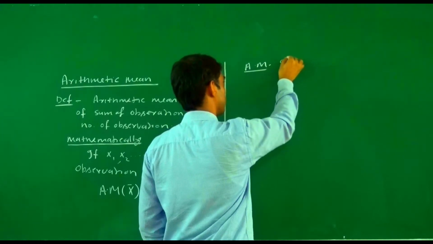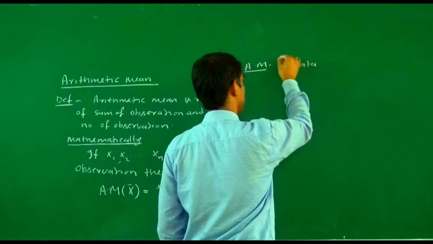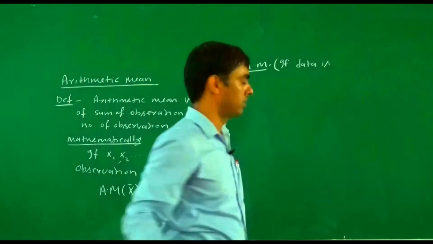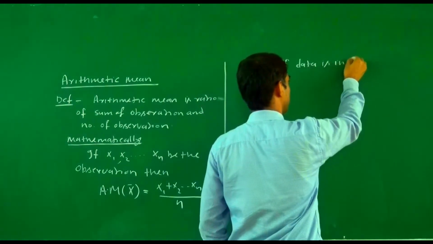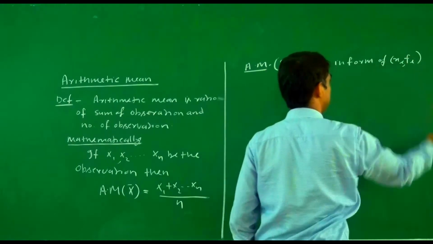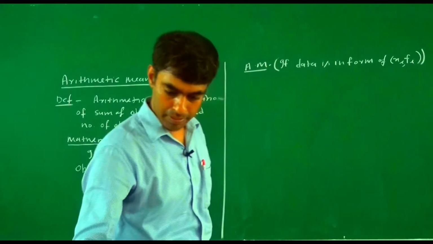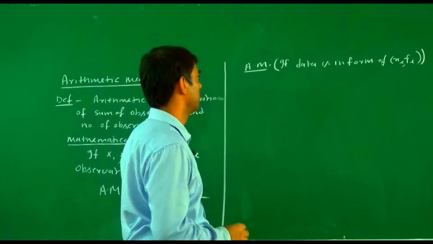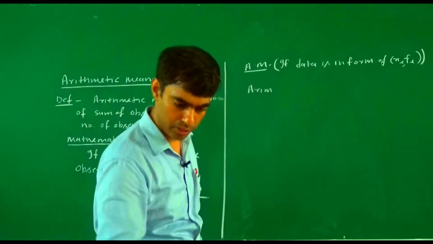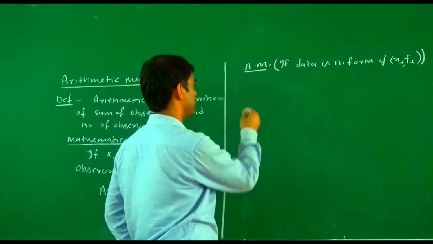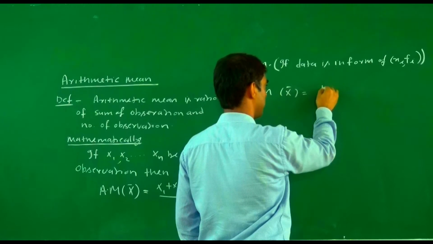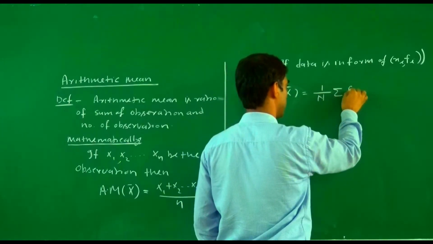The arithmetic mean x bar equals 1 upon N summation of fi xi.